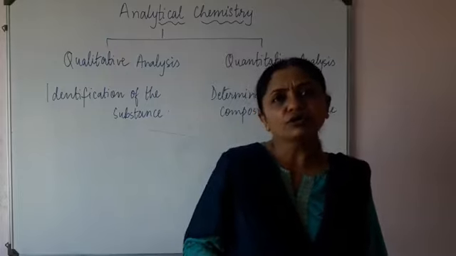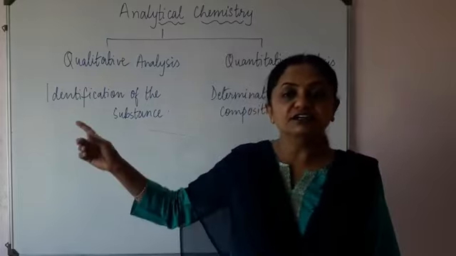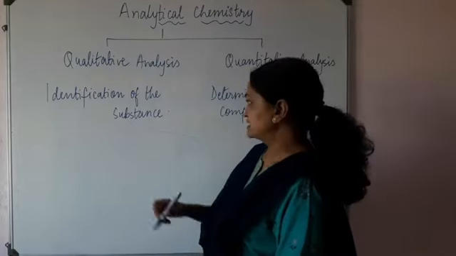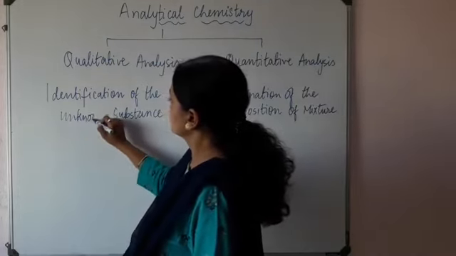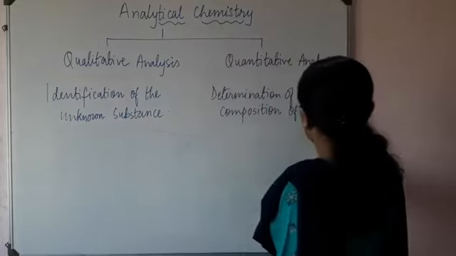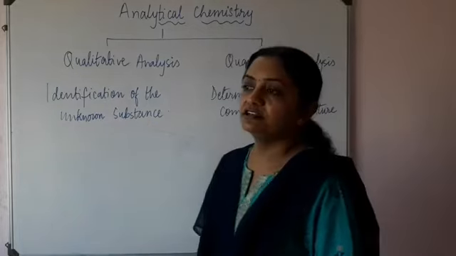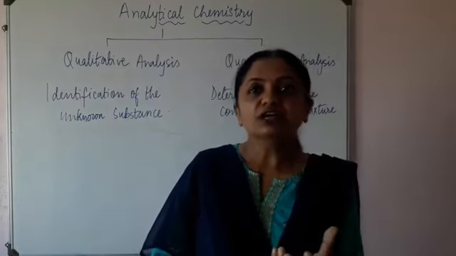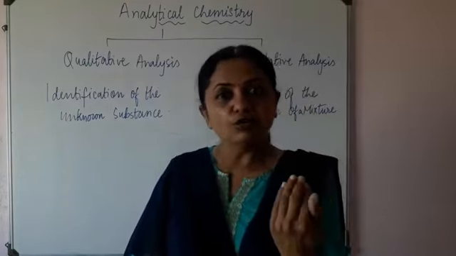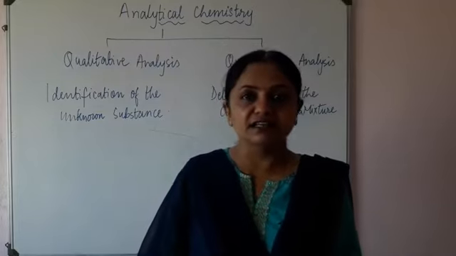Now when we are talking about qualitative analysis, it is the identification of an unknown substance. Suppose I give you one salt and I ask you to find out which cation and which anion is there, right?